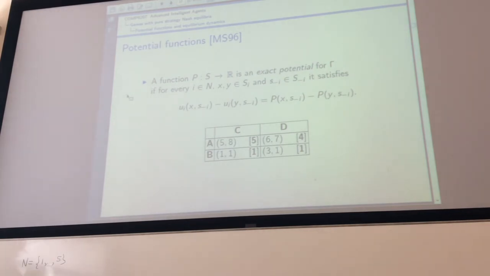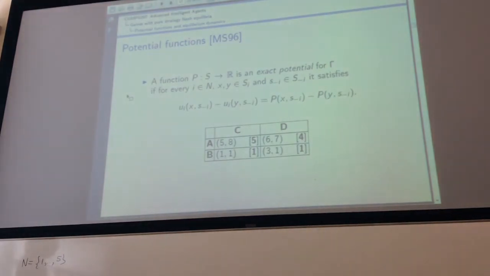The term does come from physics. Okay, so the intuition behind this potential function is exactly the same as in physics. Okay? So we define a function onto the space of strategy profiles, okay, the combination of strategies of all the agents, and give it a real value. Okay.